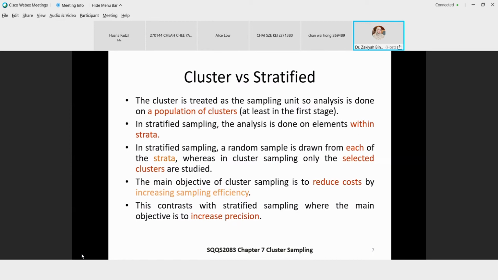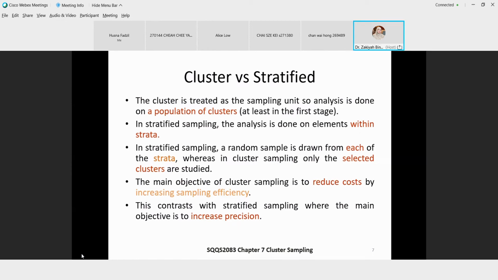The characteristics of the elements are very different because of the different conditions, different environments, different everything. Between strata you can do comparison because they're very different.